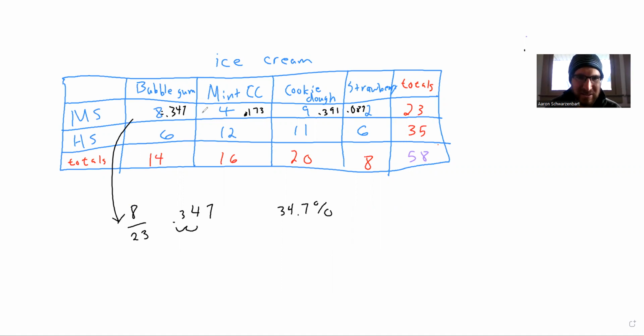One of the keys to these relative frequencies is they must all add to 1. So 0.347 plus 0.173 plus 0.391 plus 0.087. Let me add those up quick.